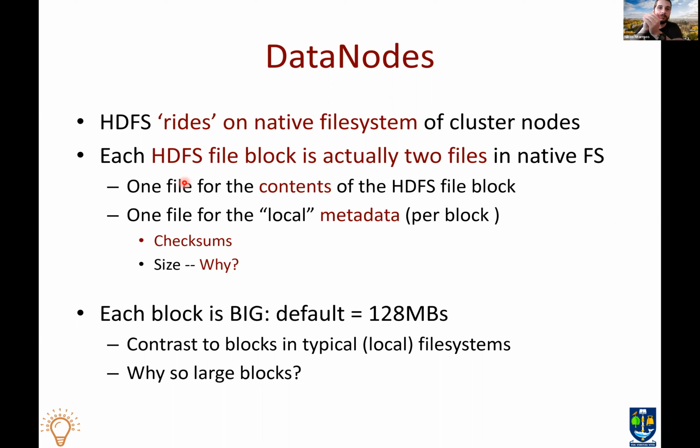If you have to break it into more blocks, you would need to pay the overhead of connecting to the data nodes more times, and then you would be breaking this high throughput stream into smaller requests. So all of these reasons, I guess, were mentioned in the slide, and all of these reasons are why HDFS blocks are so big.